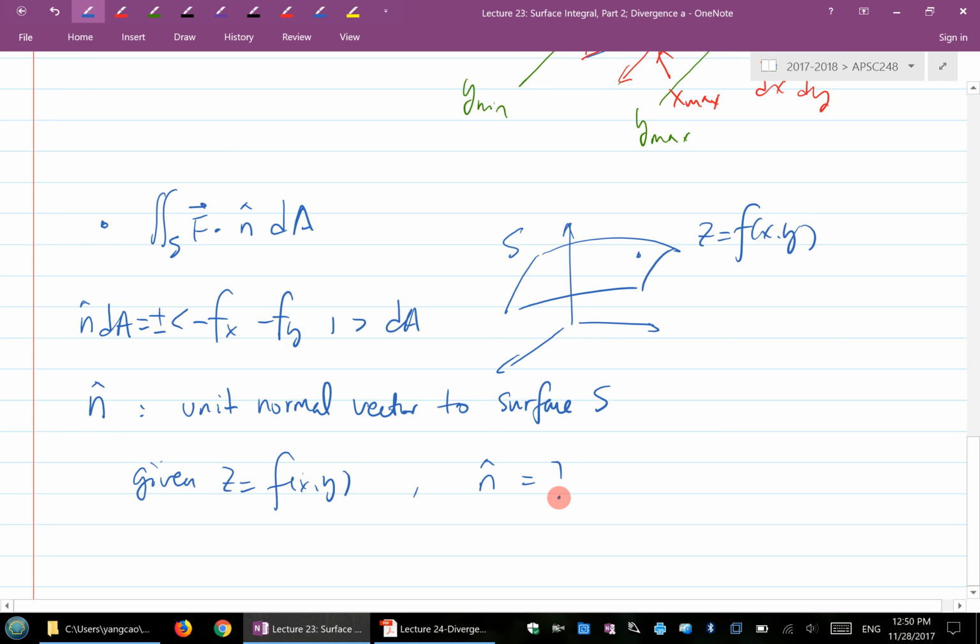Okay. What kind of vector? First of all, maybe instead of n hat, the first question let's ask is, can you give me a vector that is perpendicular to this surface here? What vector is perpendicular to this surface?